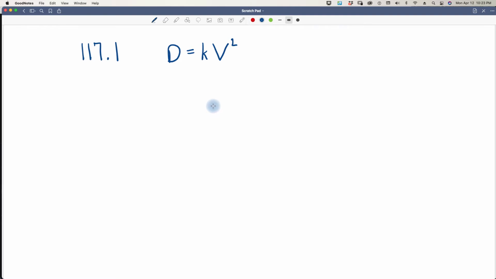If a car can stop in 200 meters, that's the distance, at 20 kilometers an hour, what will be the required distance for 28 kilometers an hour? So we need to find the distance at 28 km an hour.